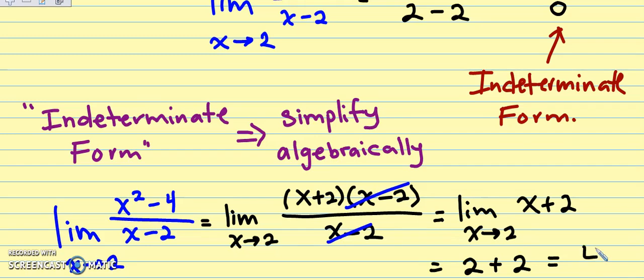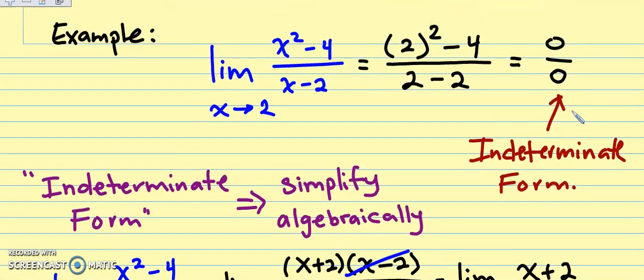And you see that this time we get an answer of 4. And this 4 has no relation with the answer 4 that we got in that very first example. Obviously, this is just a coincidence, but this is how you would solve a limit analytically if you get indeterminate form when you directly substitute the first time.